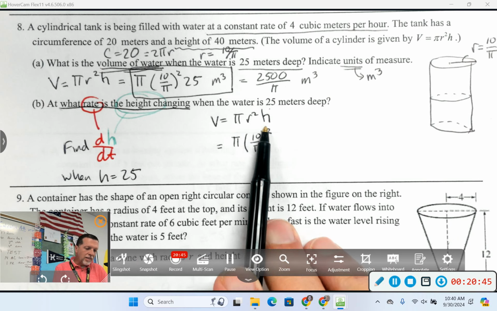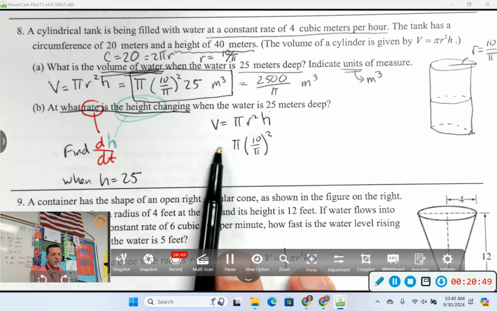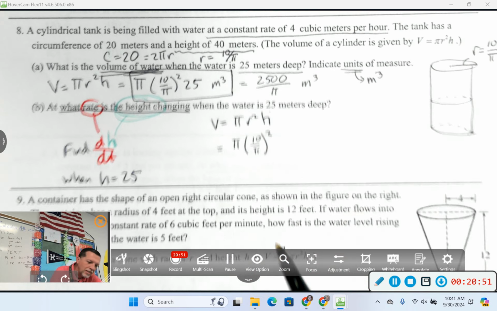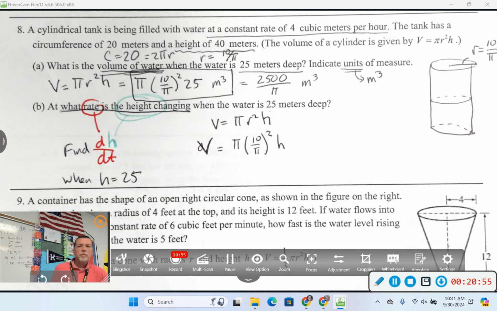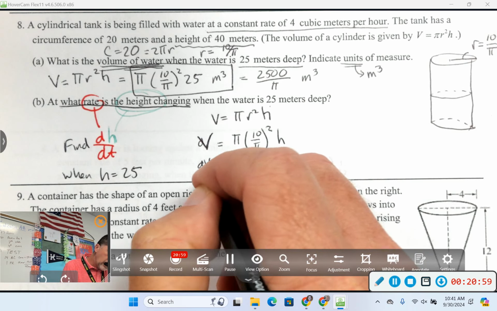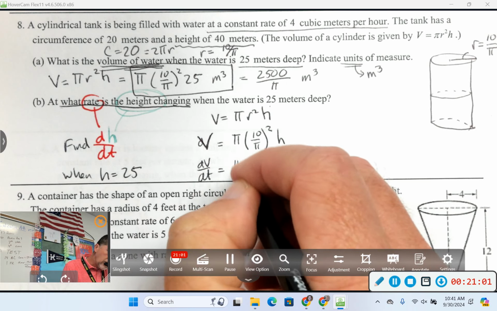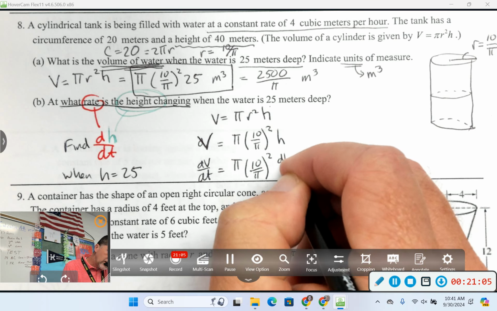I'm not going to plug in h is 25 because that's changing. It also means I wouldn't be able to take a derivative, right? If I got rid of the h, then I'd kind of be stuck. So dv dt is pi times 10 over pi squared dh dt.